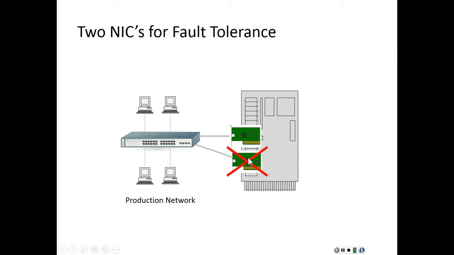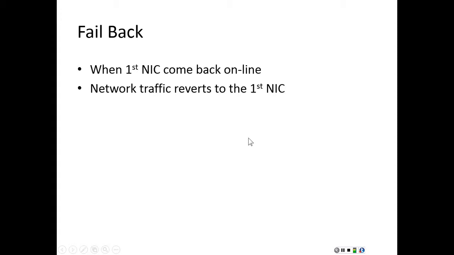When the active adapter fails, then the standby adapter kicks in. That's called failover. Now, failback is when the first network interface card comes back online, and then the network traffic reverts back to the first network interface card.